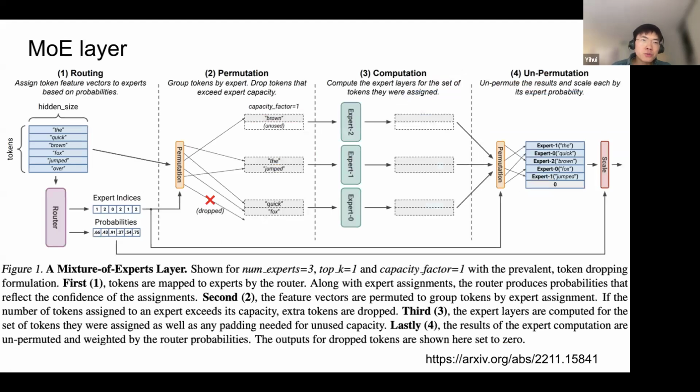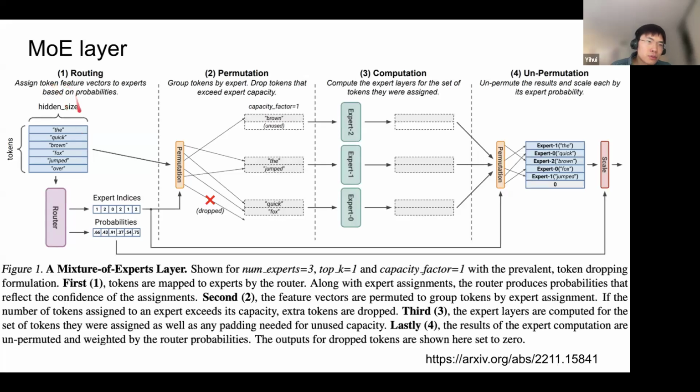If we look into the MoE layer, it actually consists of several steps. It's more complicated than the original FFN layer. You can think of the original FFN layer as the third step, computation, where the expert layer, which was the original FFN layer, is applied to the input token. So the first step here is routing.